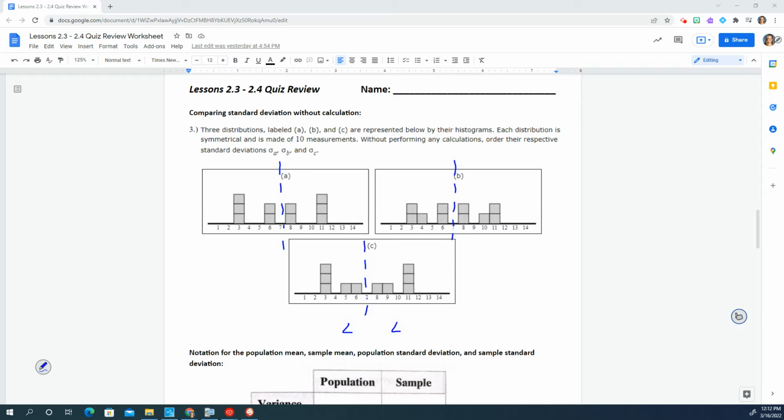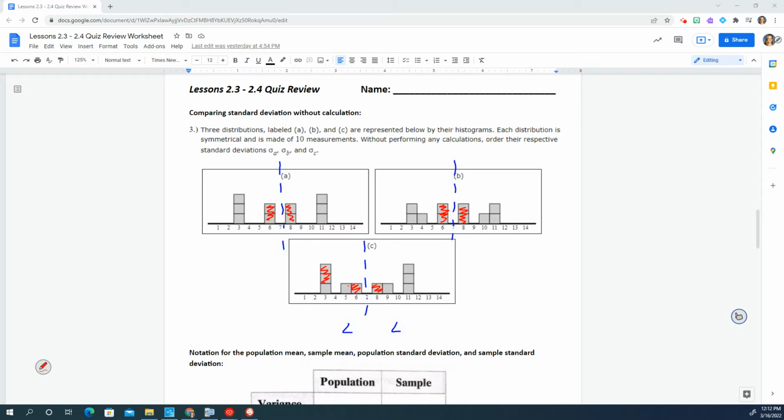So right away, just looking around the mean, do you see how in A and in B, they both have 2 blocks pushed very, very close to the mean? So that's in relation to this one, C. That's pretty close to the mean. All right, and then looking at C, you're like, well, look at these.